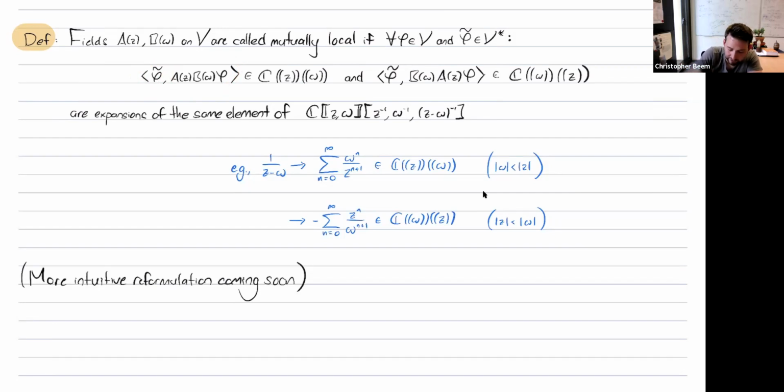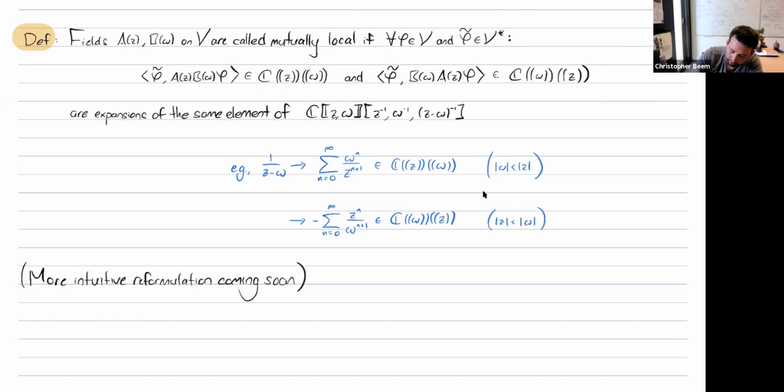And so in practice, what you get is something that lives in this funny space, C double bracket Z double bracket W. So these are formal Laurent series in W whose coefficients are formal Laurent series in Z. This thing has a global bound on the negative powers of W. And then for a fixed power of W, there's a bound on the negative powers of Z. But in the full expansion, you could have arbitrarily negative powers of Z.